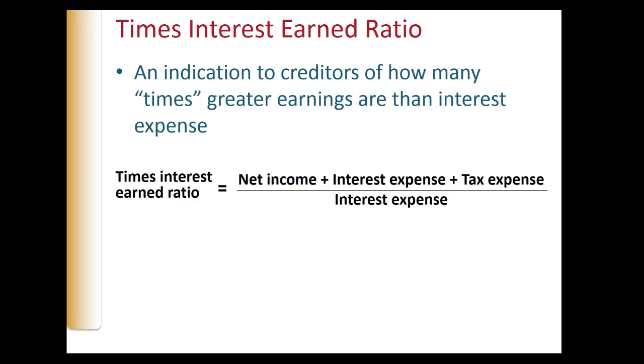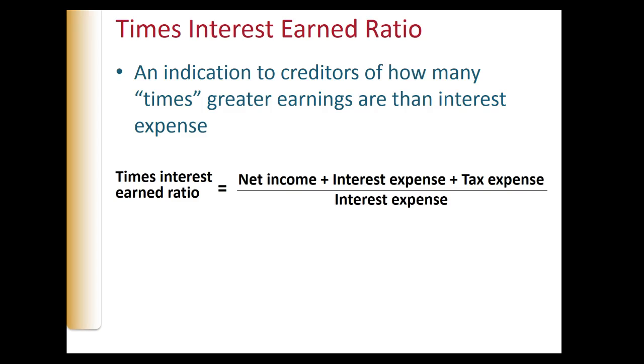A company's earnings, or we can call it profitability, provide an indication of its ability to generate cash from operations in the current year and in future years, and it's cash that will be used to pay the interest payments. So the higher a company's earnings relative to its interest expense, the more likely it's going to be able to make current and future interest payments.